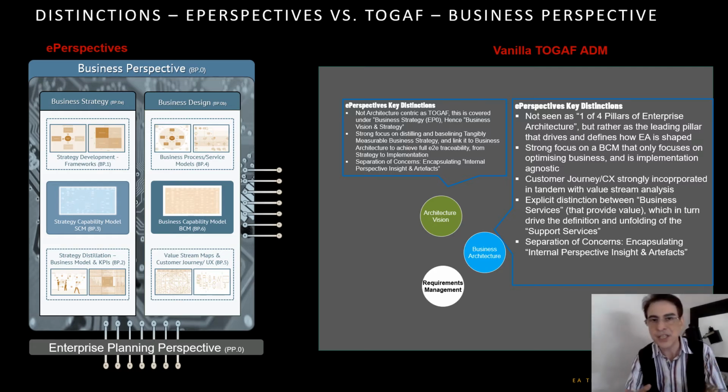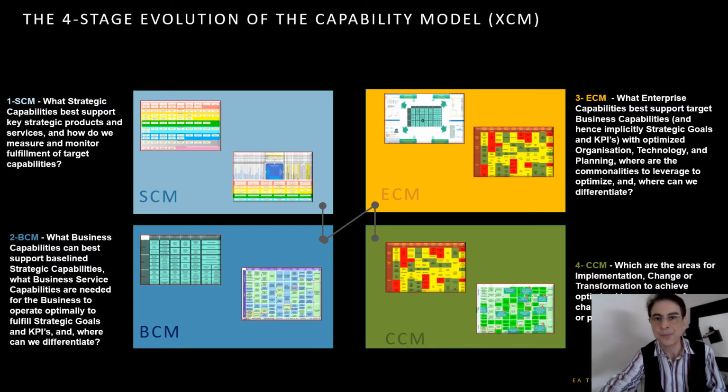So in here we see very key distinctions and differences in terms of the approach, albeit again, as mentioned, TOGAF is providing a generic way of approaching, and in here, as I mentioned, ePerspectives is providing a specific way, a very guided way in order to conduct enterprise architecture driven transformation or digital transformation.